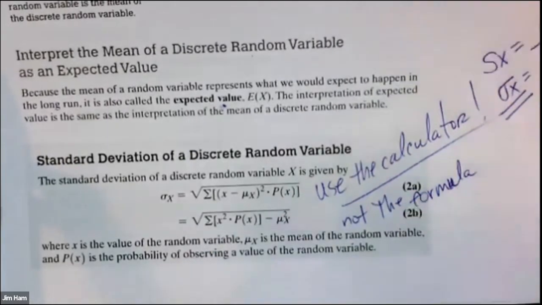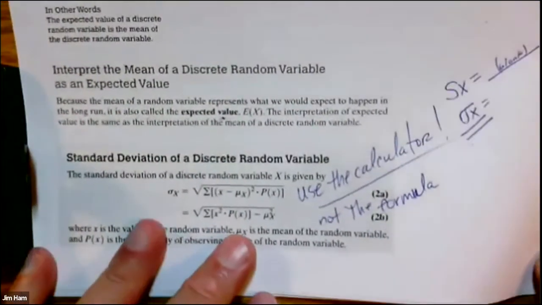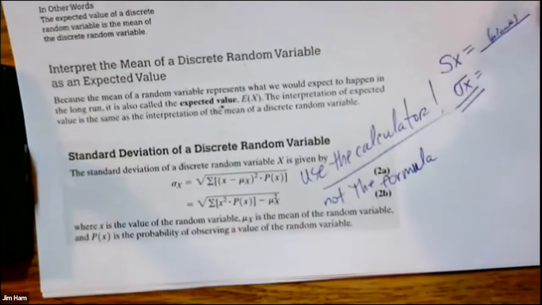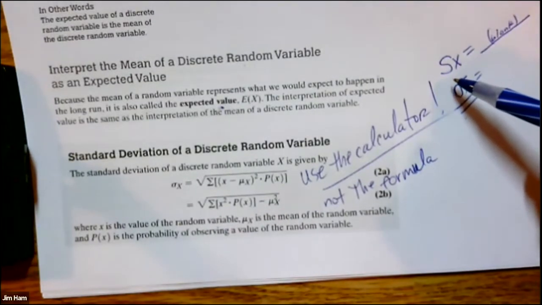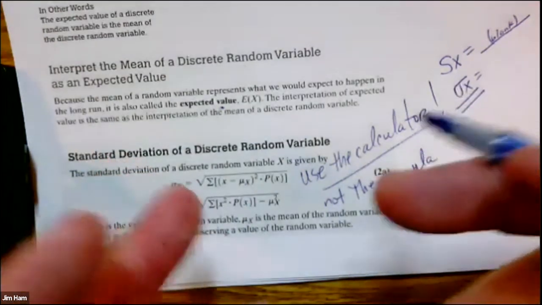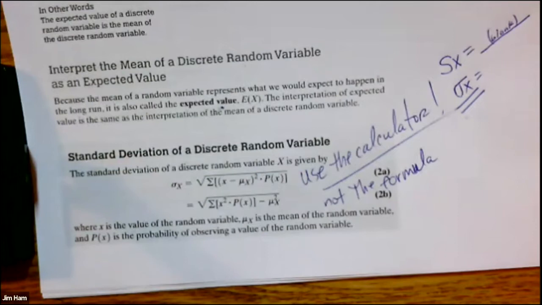The calculator will recognize that you're in a context where you're not taking a random sample and doing a sample standard deviation. You have the entire probability model, the entire probability distribution.